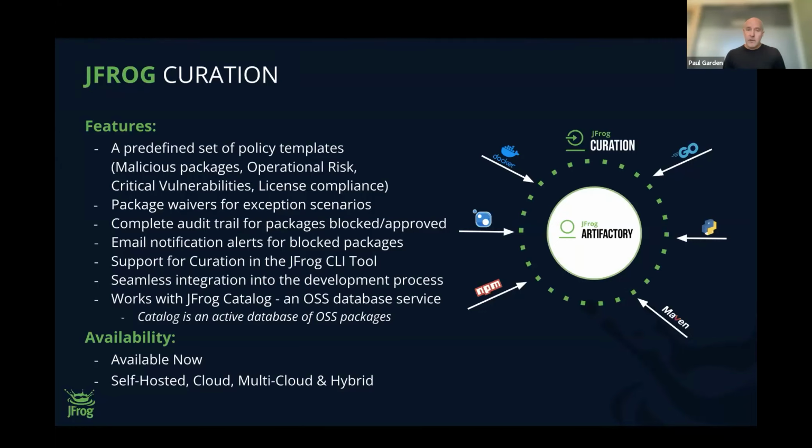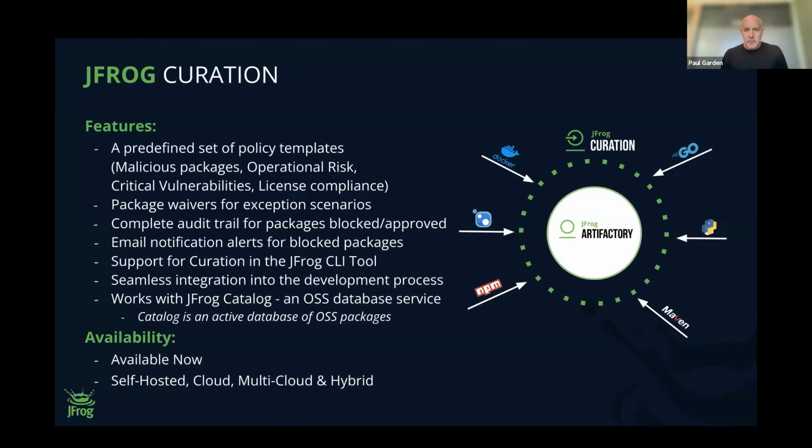So this is great for compliance. So if you're in a highly regulated environment or industry, this is great because it gives you an audit trail of everything that's come in and been accepted or come in and been blocked. So this gives you complete traceability. And coupled with the rest of the JFrog platform, you get the traceability from curation all the way through your software development lifecycle out to production.